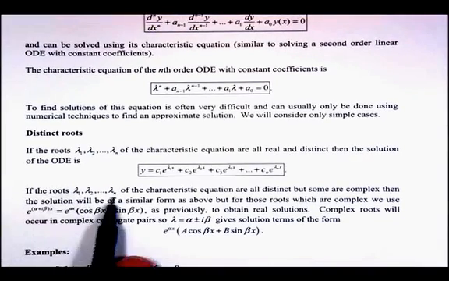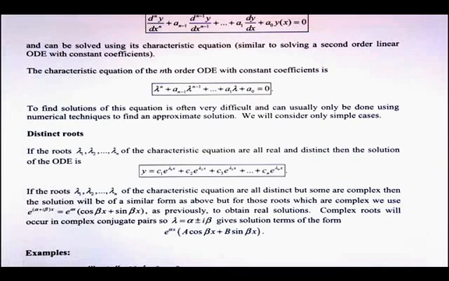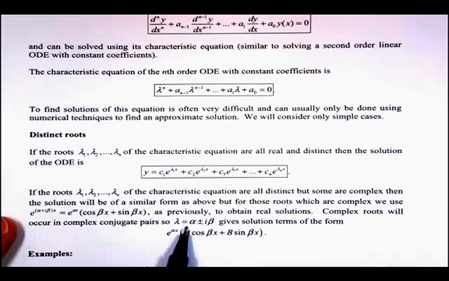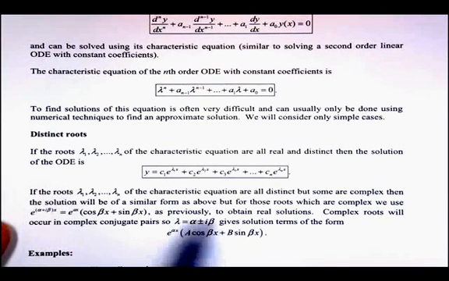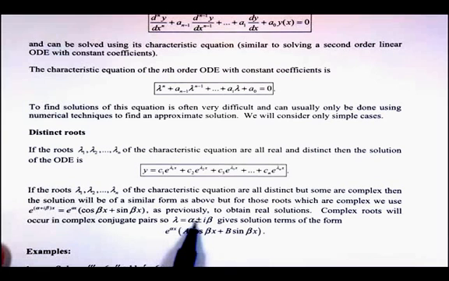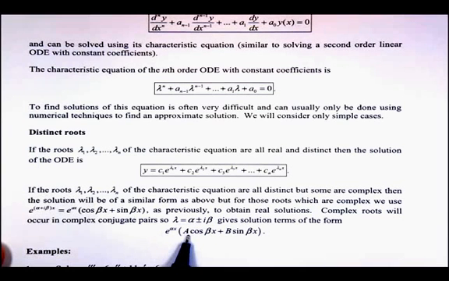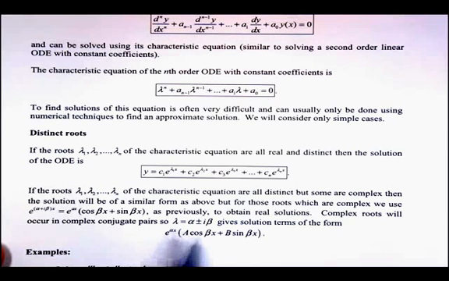If they're all distinct but some are complex, you'll get these combinations of alpha plus or minus i beta, which are different numbers. Alpha plus i beta and alpha minus i beta are two different numbers, and there are really two solutions there, and they give you a part of the solution that has two arbitrary constants, except the alpha and the i beta combine together now, as we've seen for case 3 of the second order case, into an exponential times a cosine and an exponential times a sine.